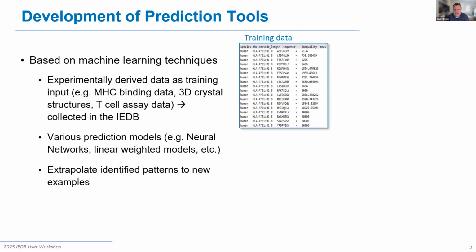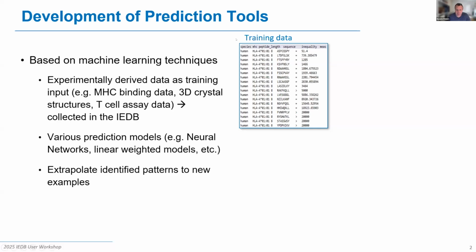So again, Alex is covering analysis tools, which is like dealing with when you have epitope sets in hand and want to analyze them in some way, versus my part is about prediction tools, which are essentially tools that we are basing on machine learning techniques, where we take the experimental data that you have seen is being cataloged in the IEDB in the previous presentations.